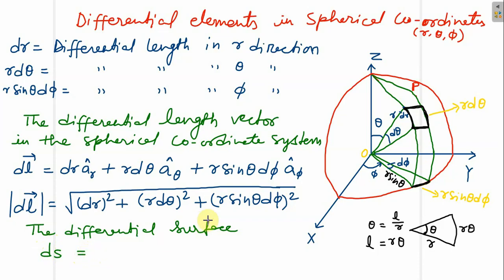Now see, whether it is spherical, cylindrical or Cartesian, you will have some sort of cuboid. If I make it, it will look like a cuboid.